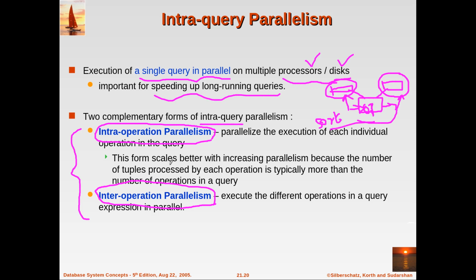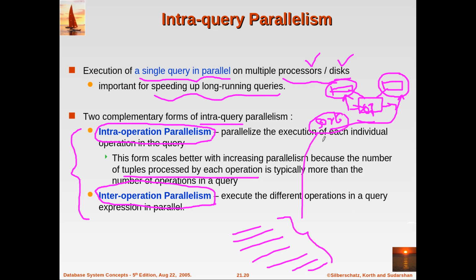So this form scales better with increasing parallelism, because the number of tuples processed by each operation is typically more than the number of operations in a query. Take a simple sort operation: if you execute 10 different queries, they may take less time, but that single sort operation may take more time because it is dealing with more tuples.